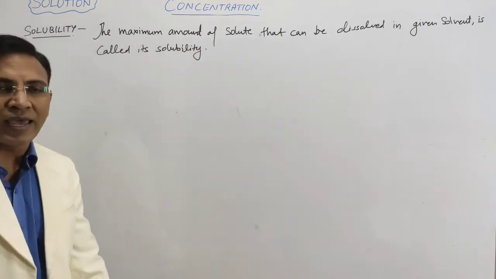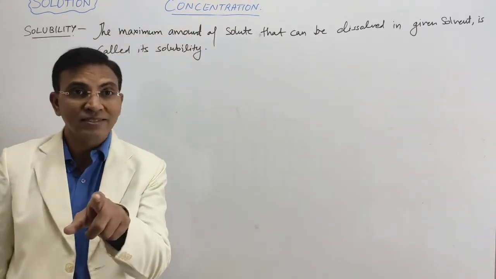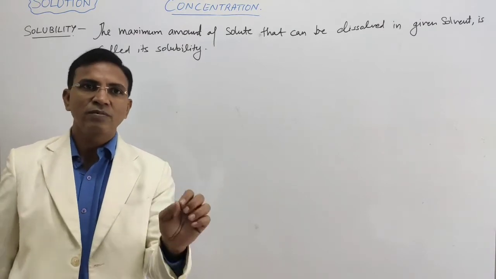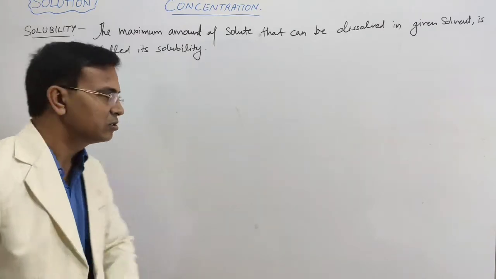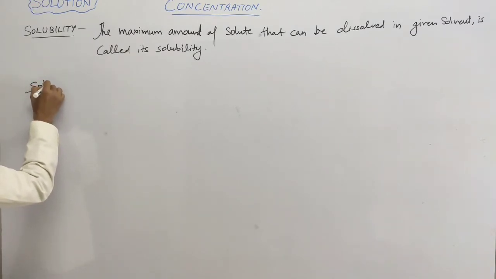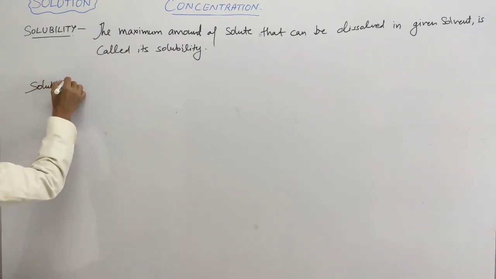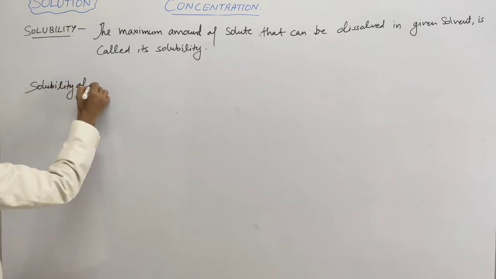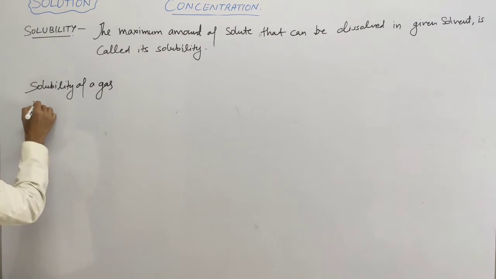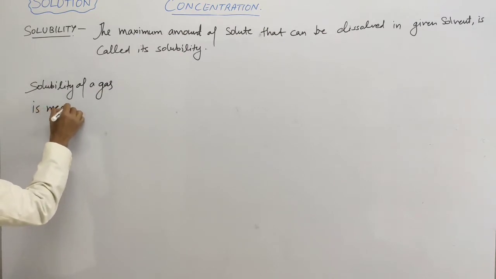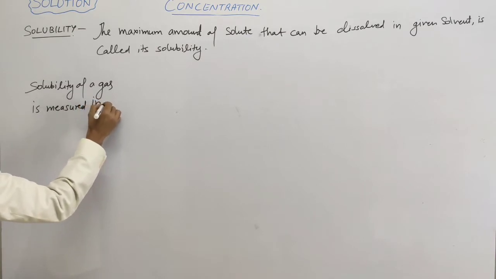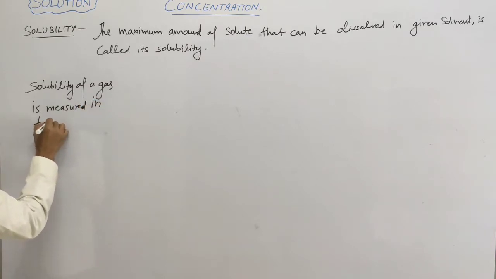Now, I am talking about the solubility of a gas. The solubility of a gas can be measured by two methods. So the solubility of a gas is measured in two factors.